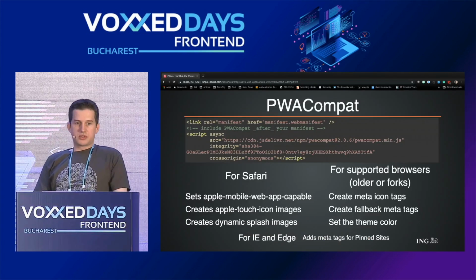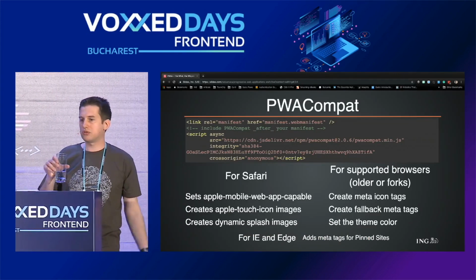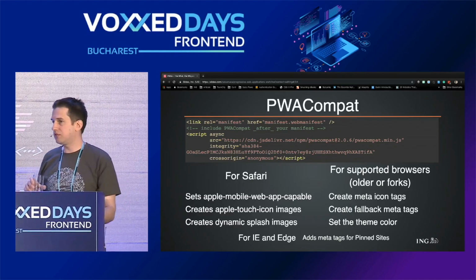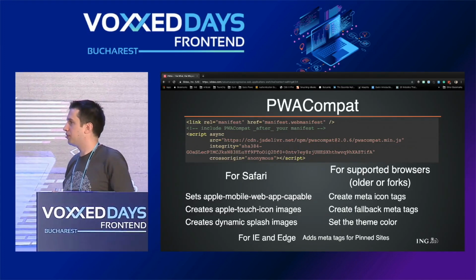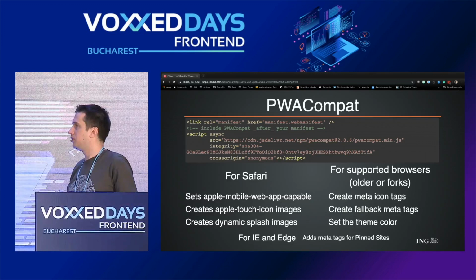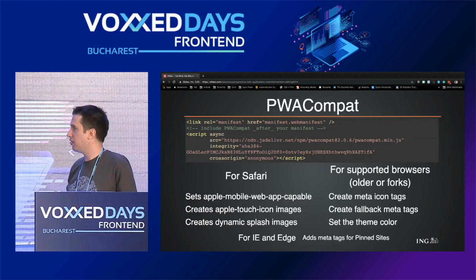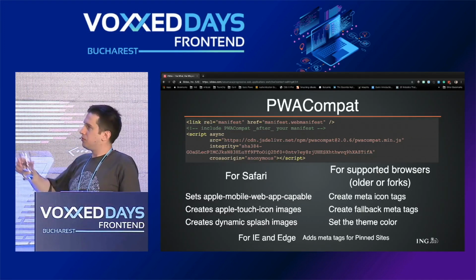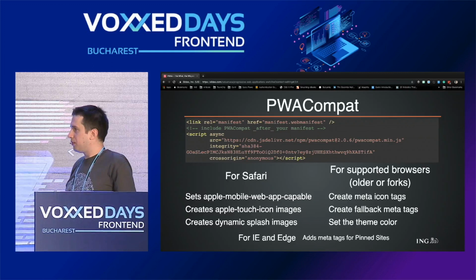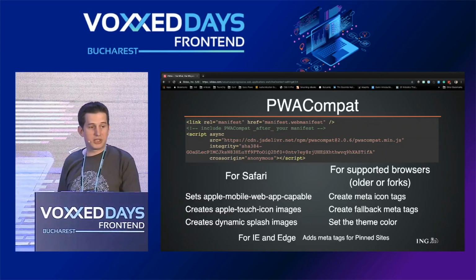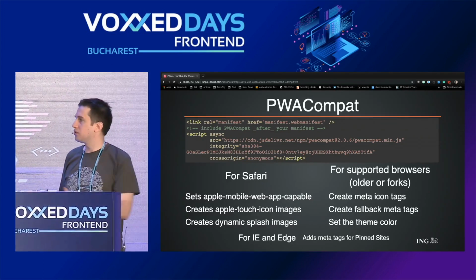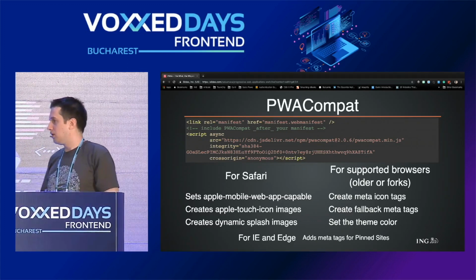Now, because of browsers, and because you have to be, the first word, progressive, you have to support a lot of them. Not all the browsers are able to use the manifest file to read from it entirely. So you have to provide a lot of extra fallback meta tags for all those browsers.